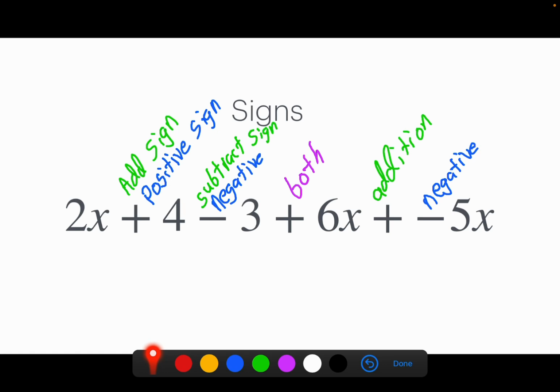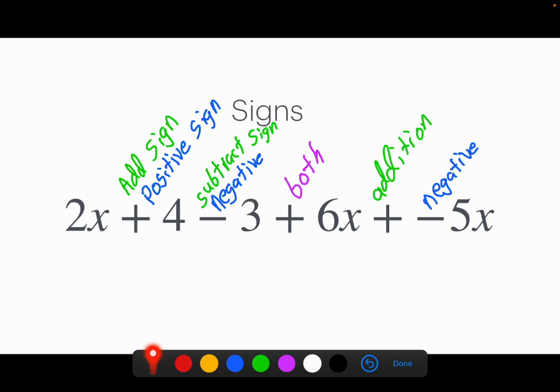So let's review again real quick. Here we have this sign, which is an add sign and a positive sign. It's an add sign because it's adding these two terms together, and it's directly to the left of the 4. Here, this is a subtract sign and a negative sign because it's subtracting these two terms, but it's also directly to the left of the 3.